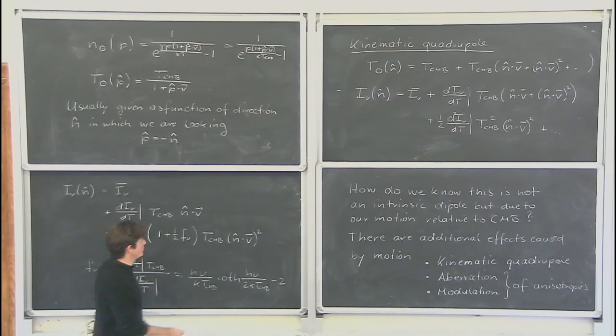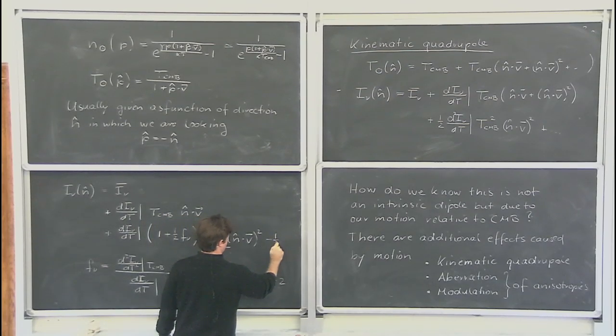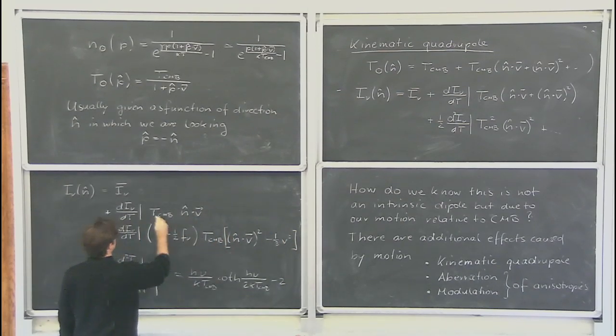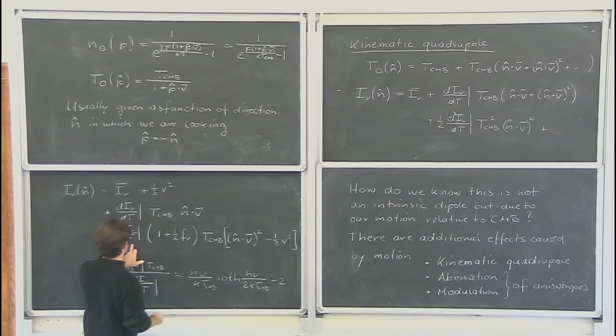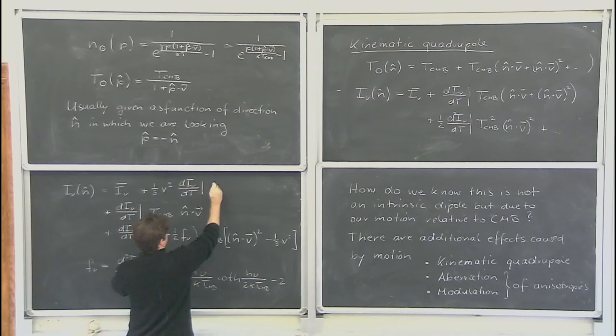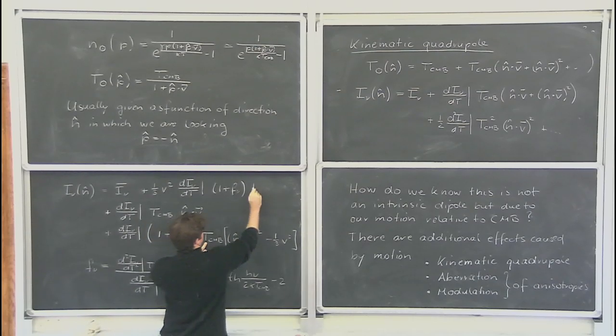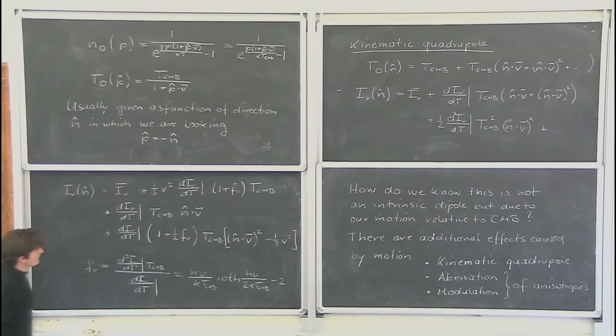So to make it a quadrupole, what we can do is just subtract 1/3 v squared, and then we should also include the same thing up there, so plus 1/3 v squared dI nu by dt times 1 plus f nu times T_CMB.